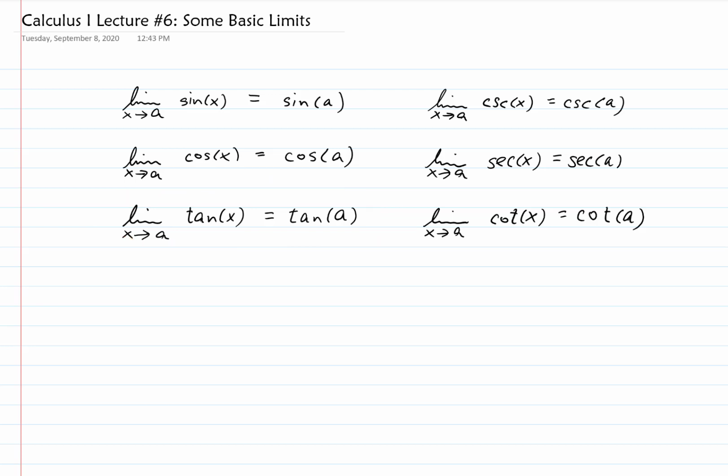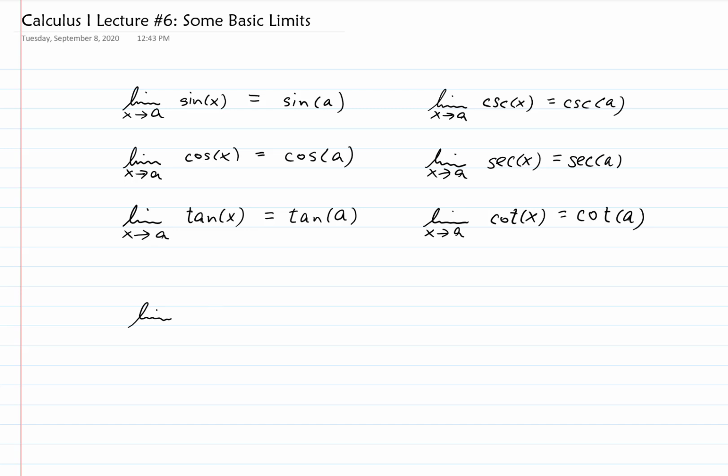But if a is in the domain of those functions, then you can find the limit of that function as x approaches a by just plugging a in. Okay, and that's also true for exponential functions. It's not only true for trig functions, but also exponential functions. If you want to do the limit of, let's say, so in the book it says a to the x, but I'm using a for something else here.